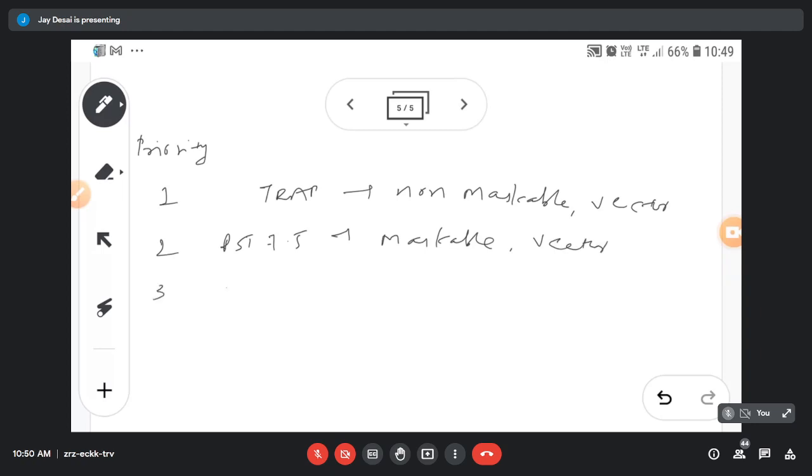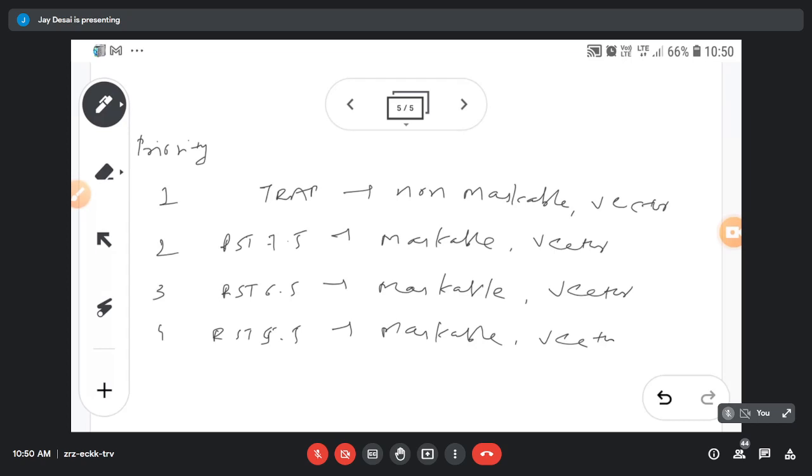Third priority? RST 6.5. It is again maskable, vectored. Fourth priority? RST 5.5. It is again maskable, vectored. And least priority? INTR. You cannot say that it is maskable, but it is general purpose.